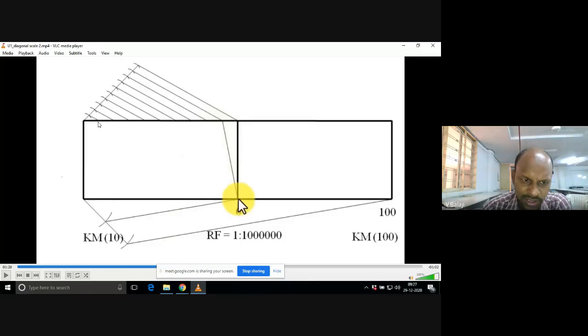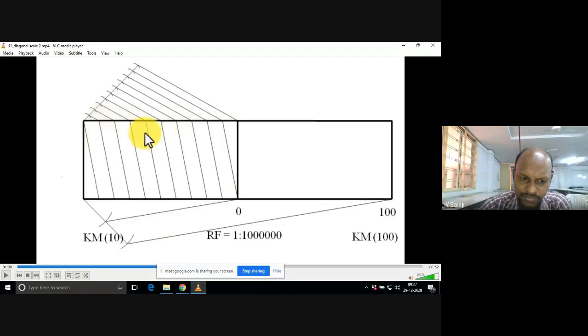From the remaining divisions, you need to draw so many parallel lines. This is the diagonal principle actually. So we have joined diagonally. All these lines are diagonal lines.